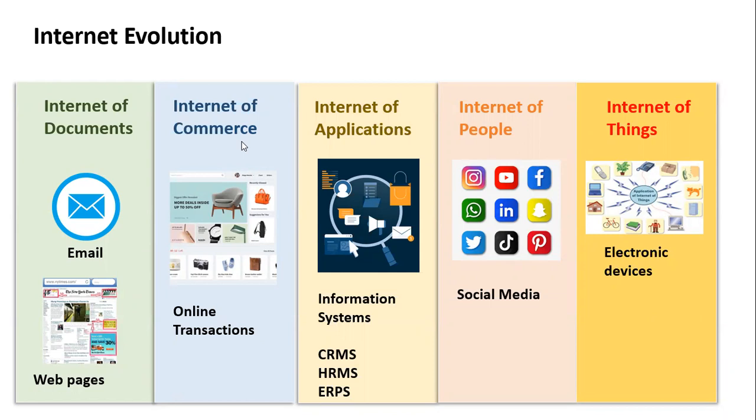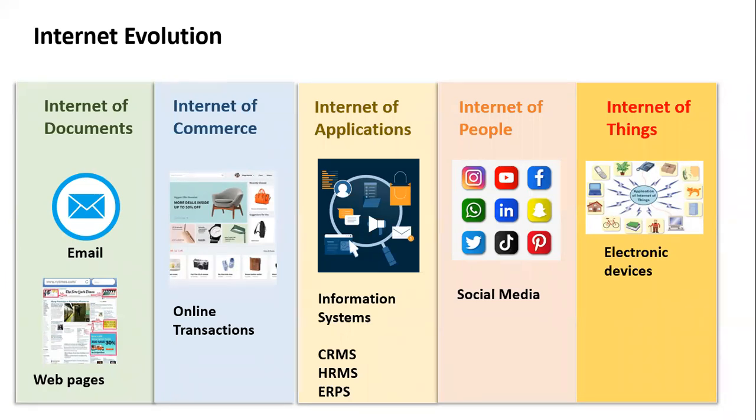After that, the purpose of using the internet changed to the internet of commerce, because online transactions were introduced, and after that, people tended to develop online businesses, right? Say buying and selling items through the internet, sending advertisements. So the internet developed to handle electronic transactions, and that era is called the internet of commerce.